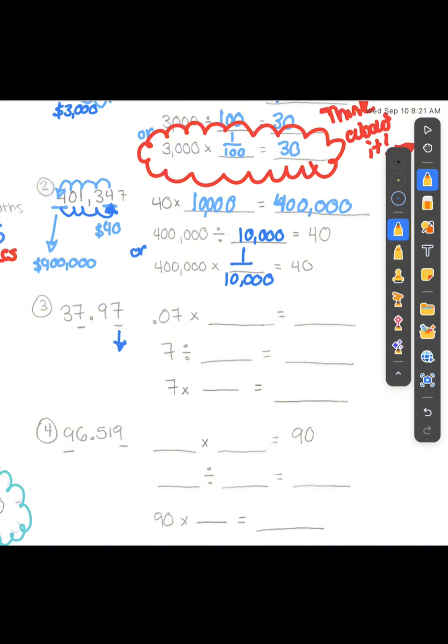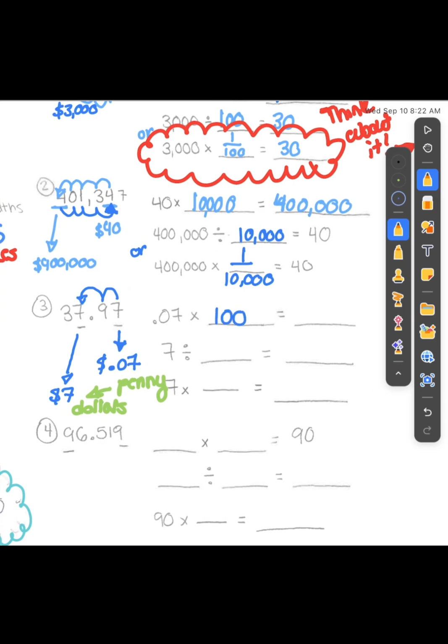Now this is a decimal. We have 7 hundredths, and we're going to 7 ones, meaning 7 pennies is how many times smaller than 7 wholes. So let's look at this first one. It's taking 1, 2 jumps.